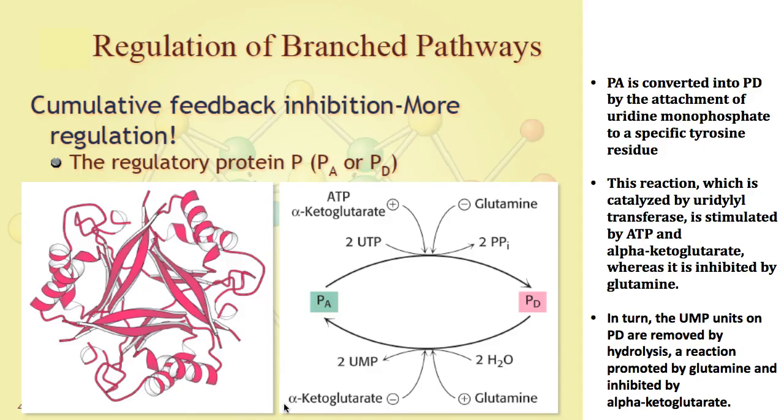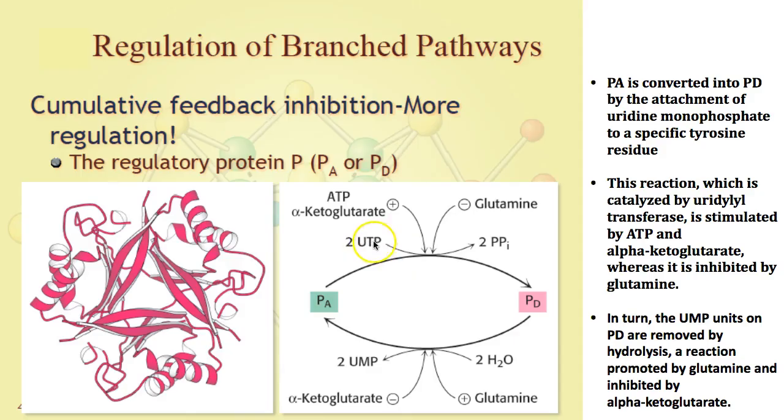And so with this regulatory protein, where PA means that it is activated and actively inhibits the enzyme, it does a transition from an activated form to a deactivated form by uridine monophosphate.